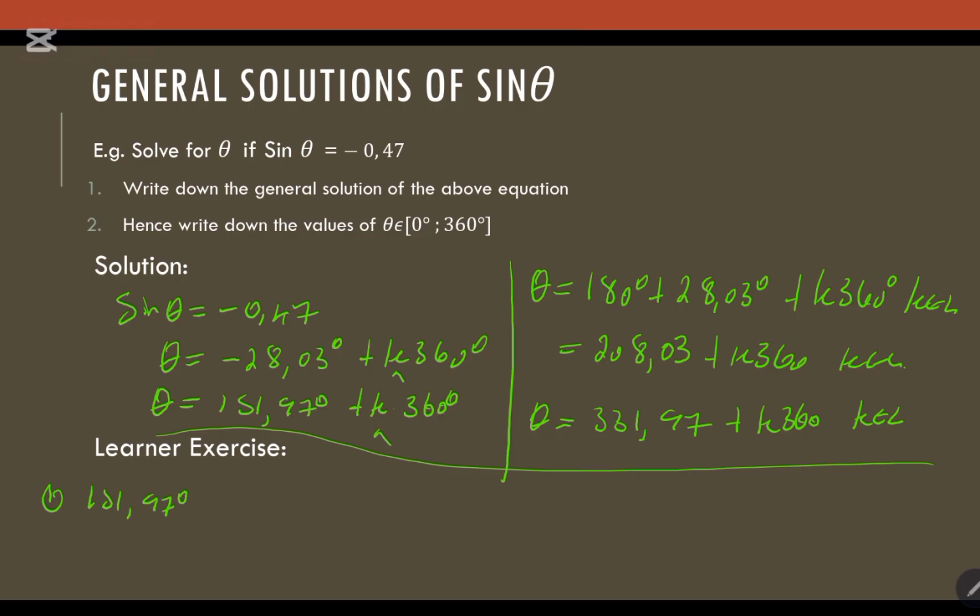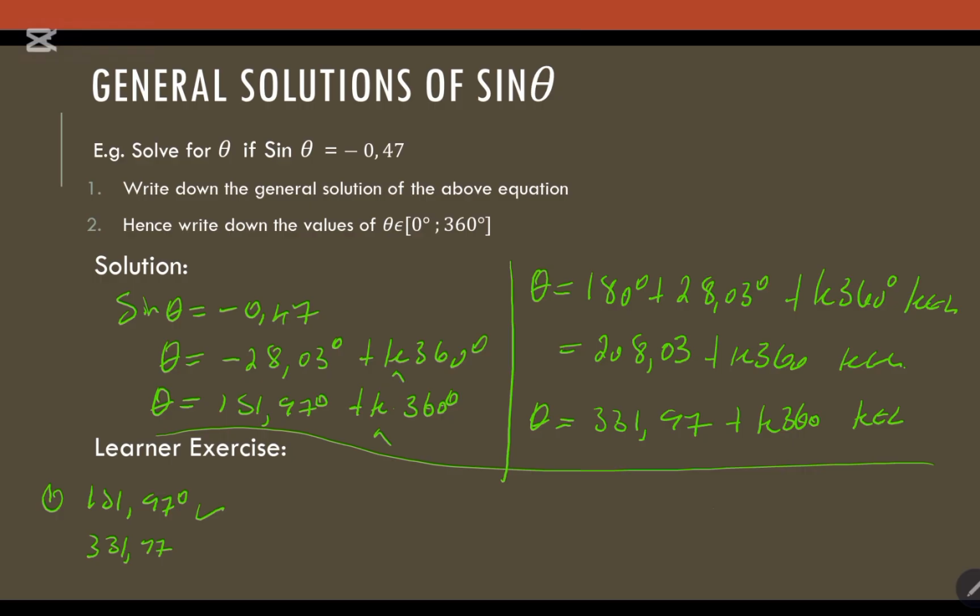Now, I replace K with integers. If I replace K with 1 in the first equation, that will be 360 minus 28.03, and the other angle is 331.97. If I replace K with 1 in the second equation, that will be way above 0 to 360. So the only angle we have is 151.97.